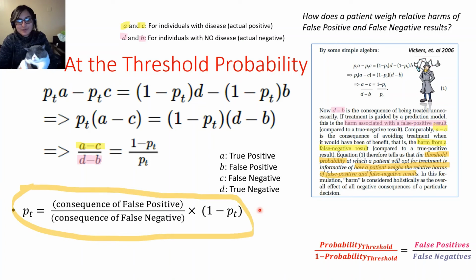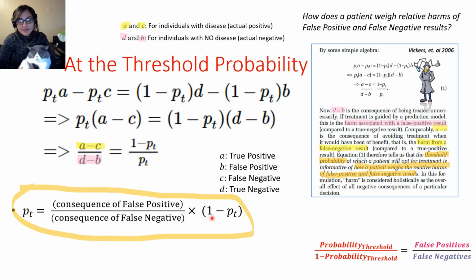Note that the threshold probability is on this side here, but you can think of it as showing how you view the consequences of a false positive over the consequences of a false negative, a false positive to false negative ratio. I just wanted us to flip this around, because in the decision curve analysis formula, it's PT over 1 minus PT.